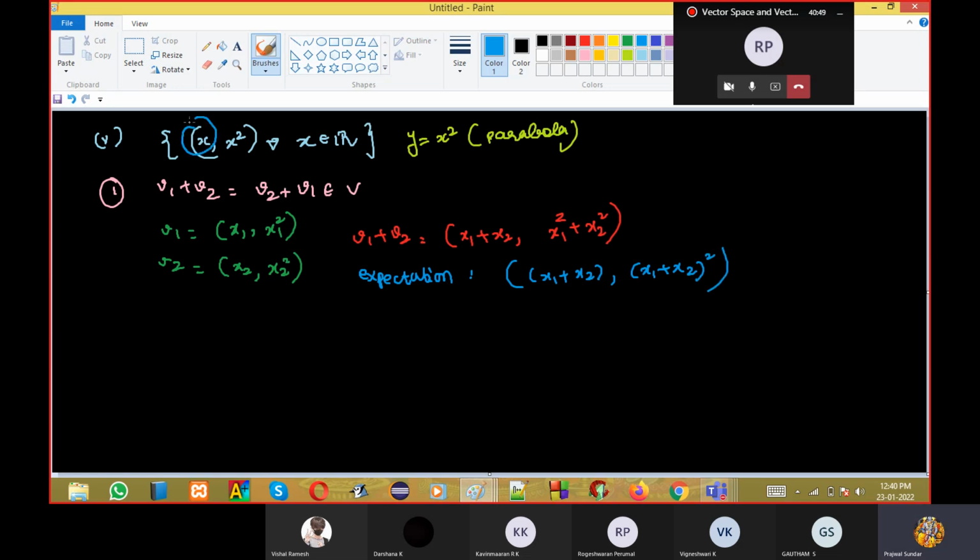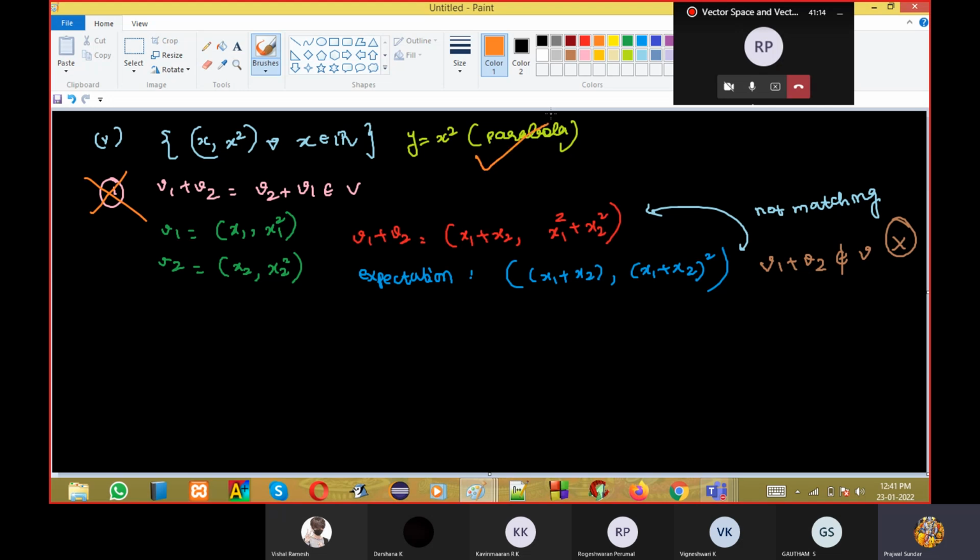Whatever x you have, square it. But this is not matching. So v1 plus v2 does not belong to the vector space, so it is not a vector space. First property is not satisfied. Even if one property is not satisfied, it is not a vector space.